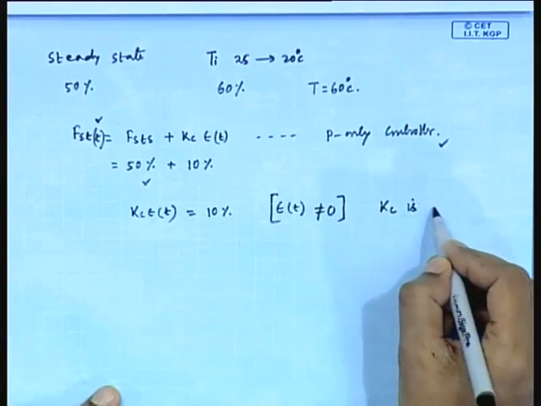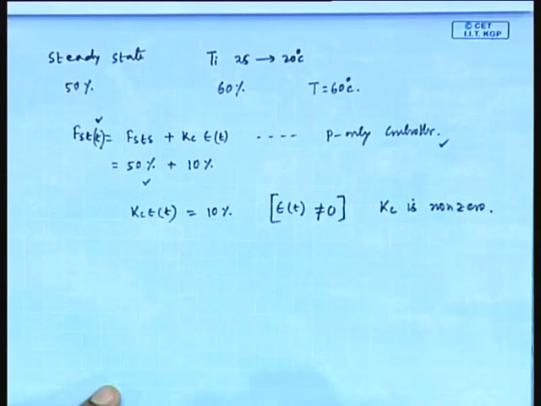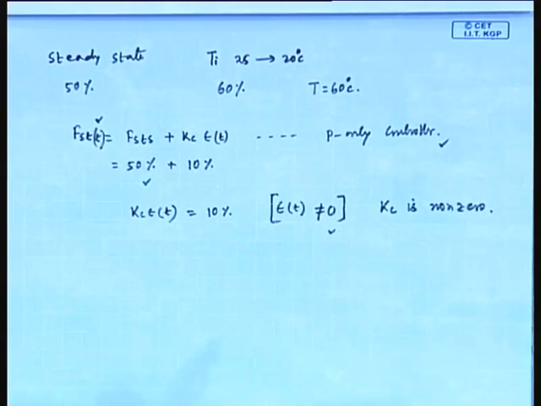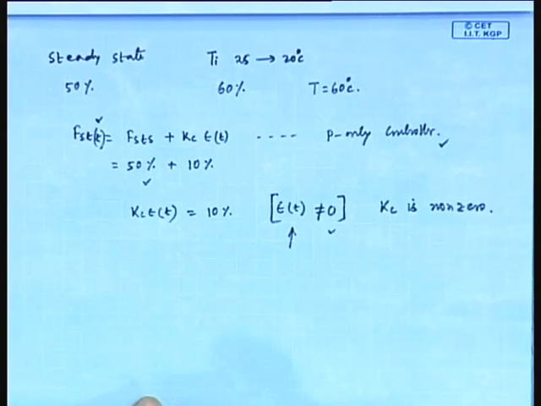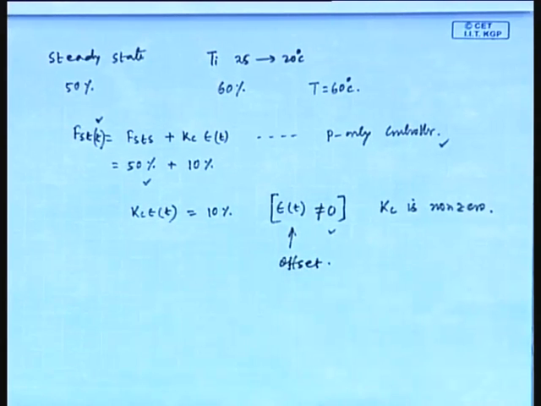Since Kc is non-zero, epsilon t is not equal to 0. It indicates there will be an offset, because error is not equal to 0. It indicates there is an offset under P only controller, fine.